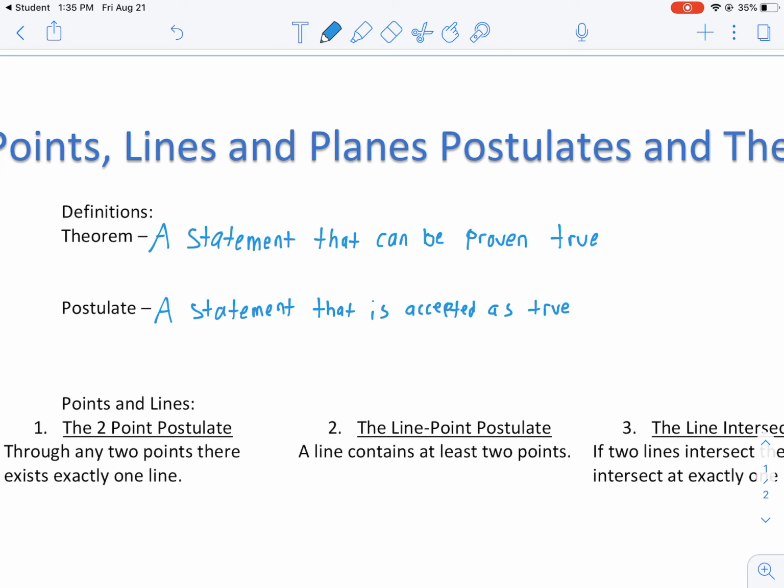It doesn't necessarily need a proof. And the reason postulates are necessary is because in order to prove something is true, you have to have some things that you already know are true. And so if there weren't any postulates, that would mean we don't know anything is true, and therefore we can't prove anything else is true, right? It's kind of a philosophical nightmare. So there are just some common sense statements that we just accept, and we say, yes, this is true, even though we can't necessarily prove it, all right? So we're going to talk about some of those today.